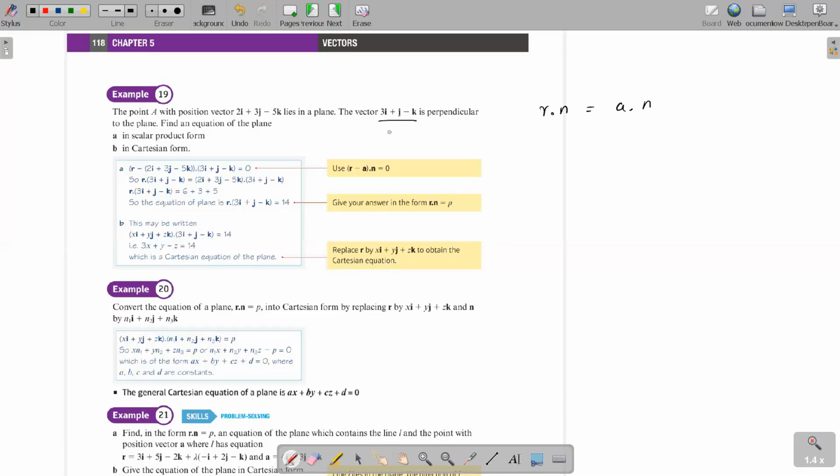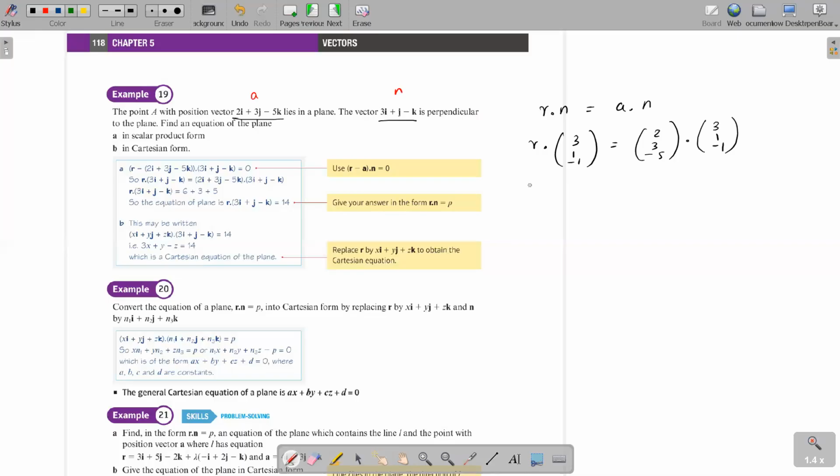n is the perpendicular vector and the position vector is this guy. r dot n, where n is 3, 1, minus 1. The position vector a is 2, 3, minus 5. Dot n is 3, 1, minus 1, right? Can you all understand the application? This is vector a, this is vector n.